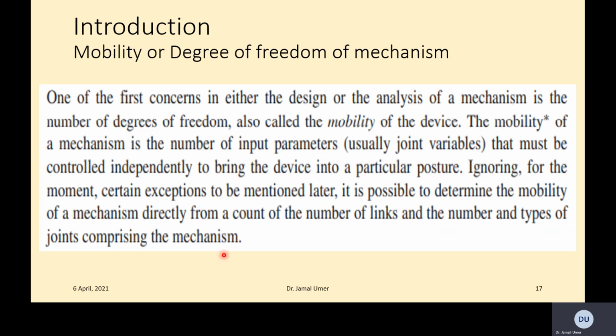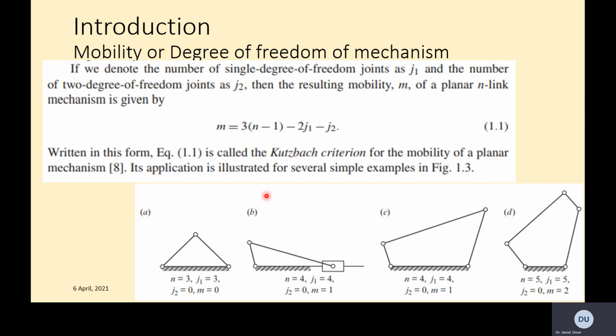But now we will move toward a quantitative method where we will try to establish an approach to link the variables, for example the links and the joints, and find out the degree of freedom or the mobility of the mechanism basically. All right, some of these examples were very interesting.